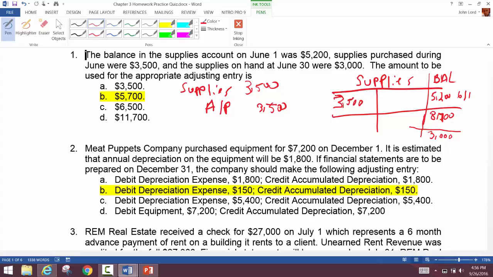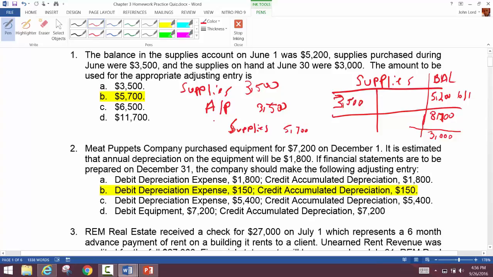If I have 8,700 and I count that 3,000 are still on hand, that means I ate 5,700, didn't I? Okay, so since it's an asset, I want to reduce it. I credit supplies, don't I? For what, 5,700?